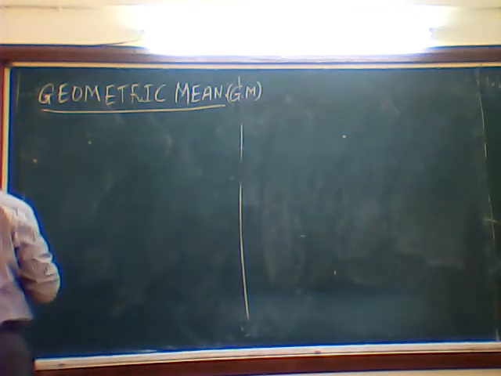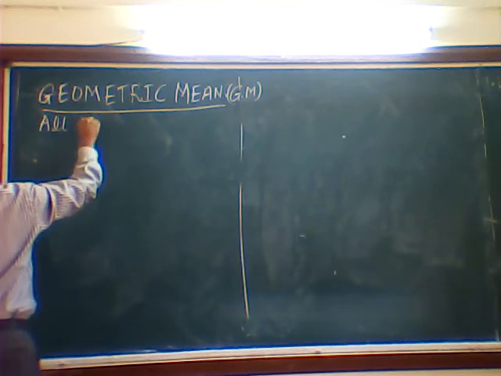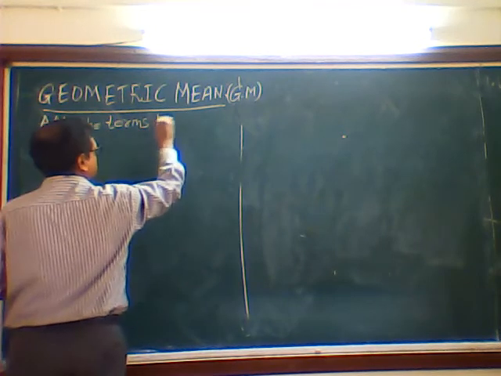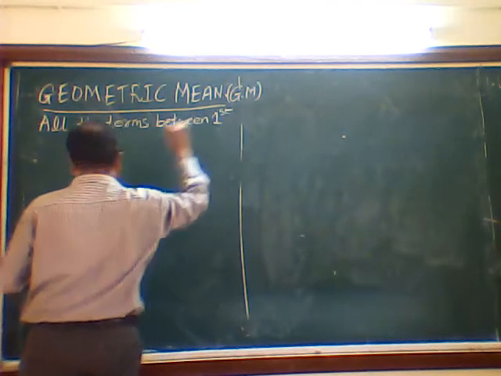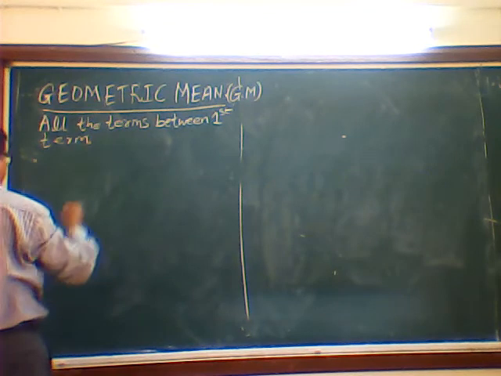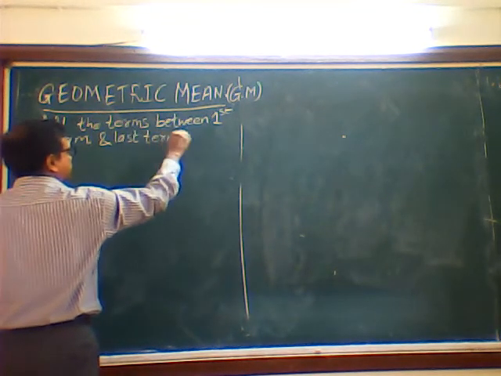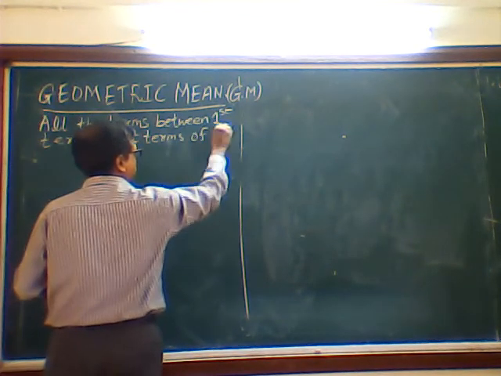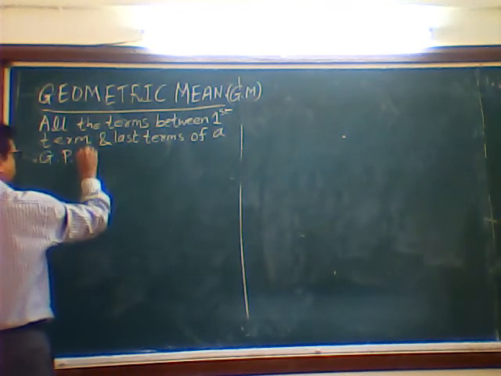So all the terms between the first term and last term of a GP are called geometric means.